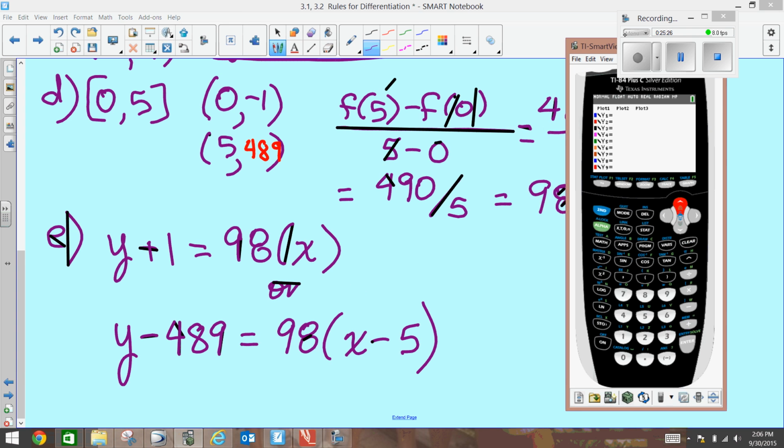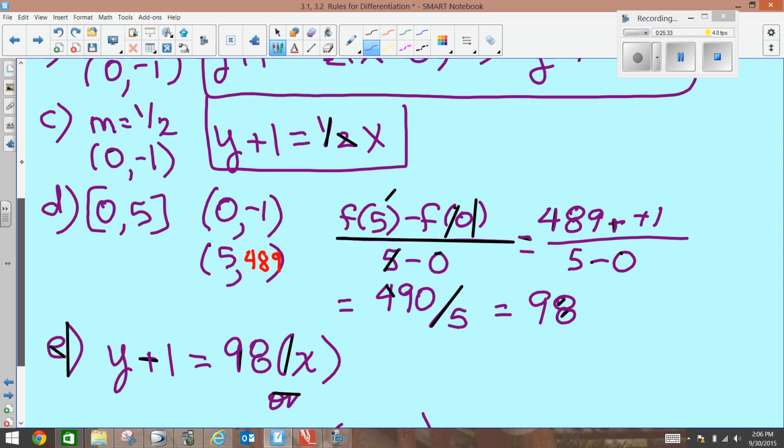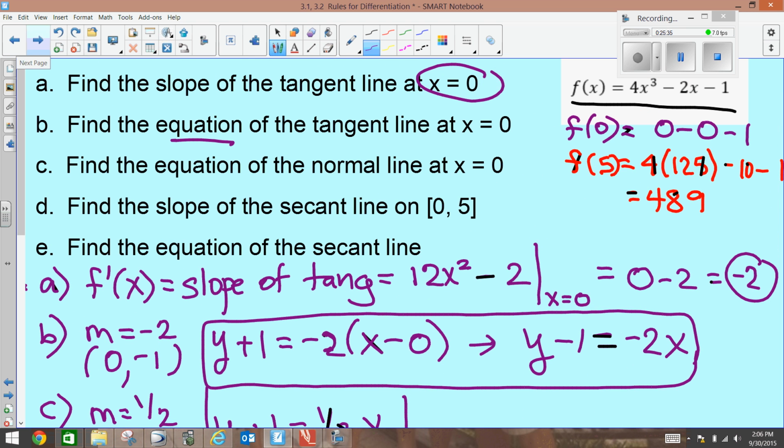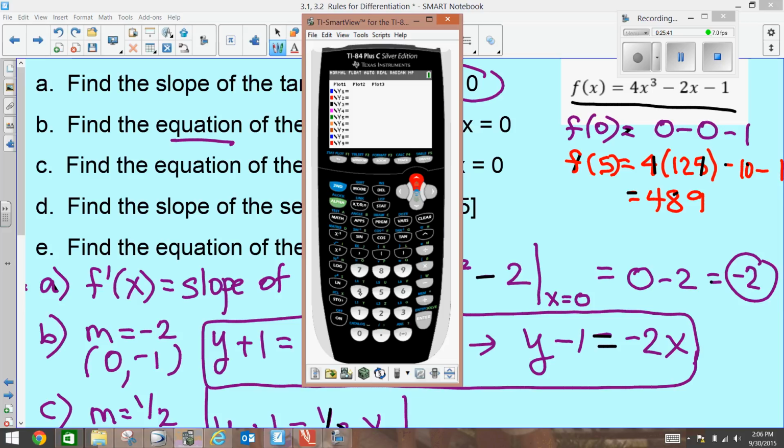I plug in my original function, which is up here: 4x to the third minus 2x minus 1.